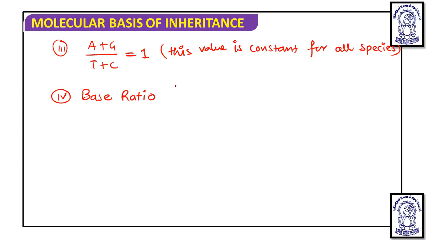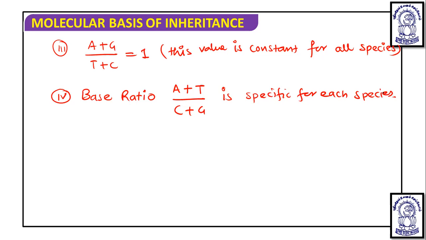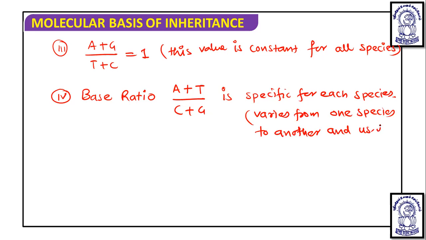The base ratio is adenine plus thymine upon cytosine plus guanine, that is AT base pair upon CG base pair, and it is specific for each species, meaning it varies from one species to another and is used to identify these species.